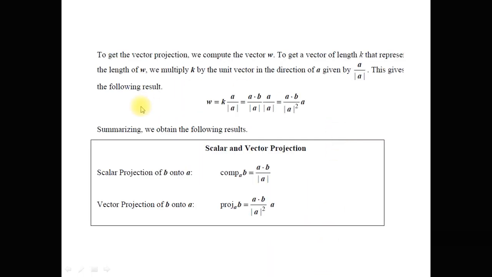Now to get the vector projection, we compute the vector W. To get a vector of length K that represents the length of W, we multiply K by the unit vector in the direction of A, given by A divided by A magnitude. This gives the relation W is equal to K into A divided by A magnitude, and we know that K is equal to A dot B divided by A magnitude from the previous relation.